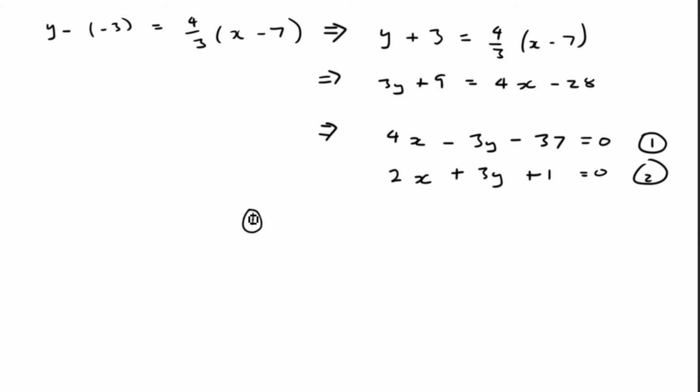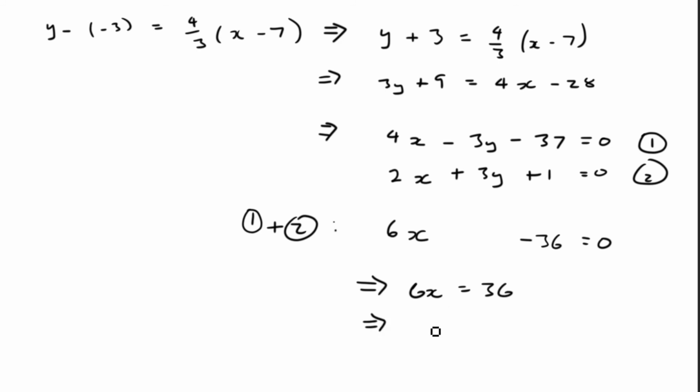In other words, if we've got equation 1 plus equation 2, that gives us 4x and 2x, gives us 6x. Negative 3y and 3y gives us nothing. Negative 37 and 1 gives us negative 36. So that means that 6x is 36, which means that x itself is 6.